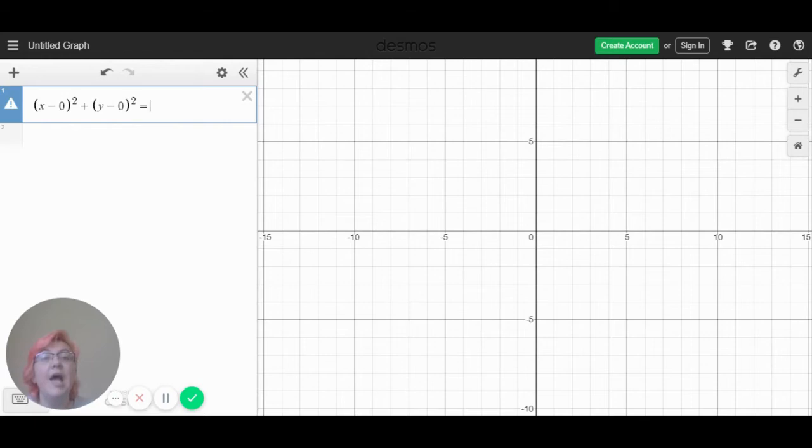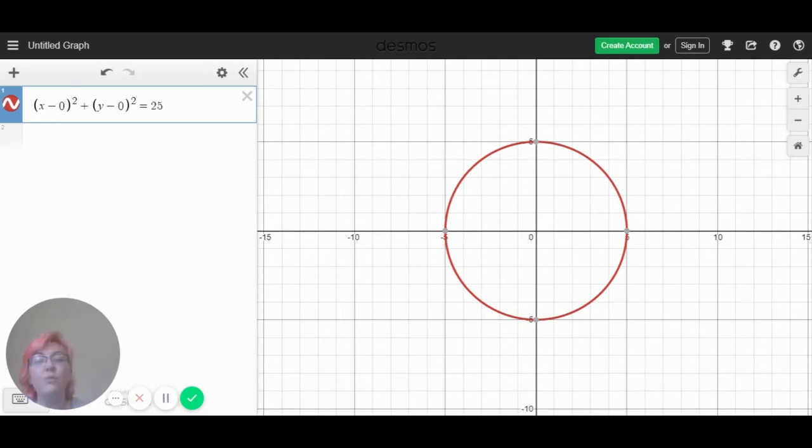But remember, x minus h squared plus y minus k squared equals r squared. So if my radius is going to be 5, then r squared is 25. And there I have a circle that has center 0, 0 and radius 5.